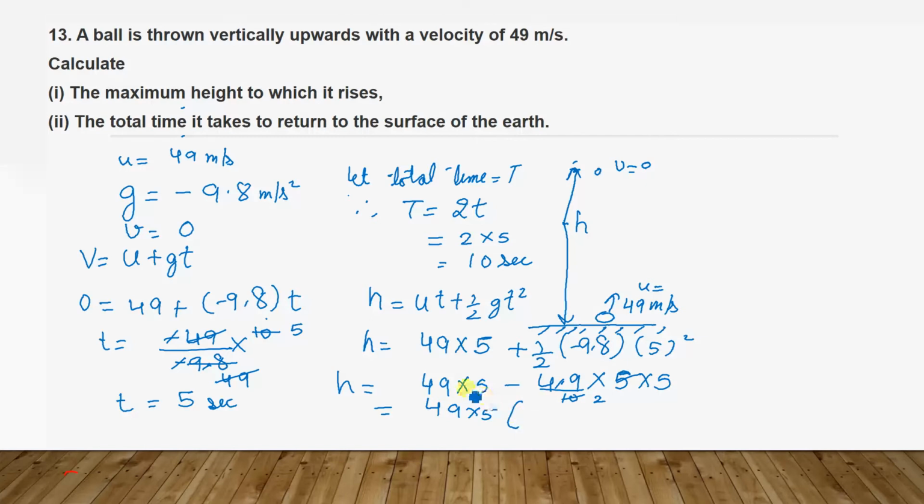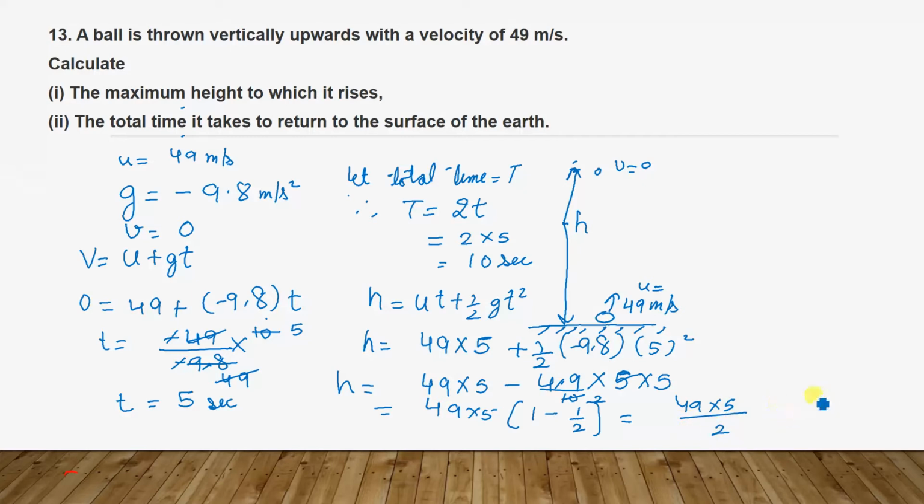So we are left with here 1 minus 1 by 2. Agree? है ना? तो on further solving, you get 49 into 5 upon 2.